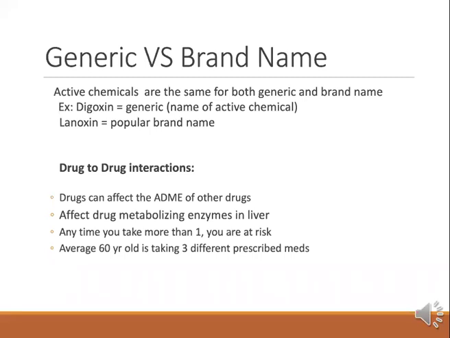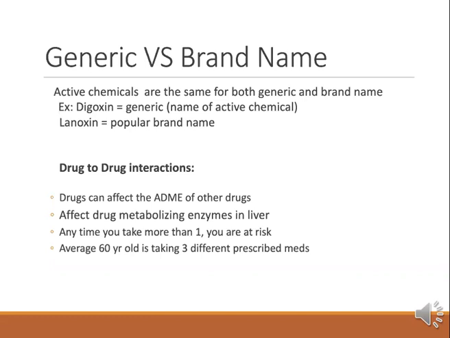Oh, and this is important too, when we talk about certain drugs, is the generic versus the brand name, right? So the active chemicals are the same for both the generic names and the brand names. So for example, with digoxin, that's the generic, and it's the name of the active chemical.